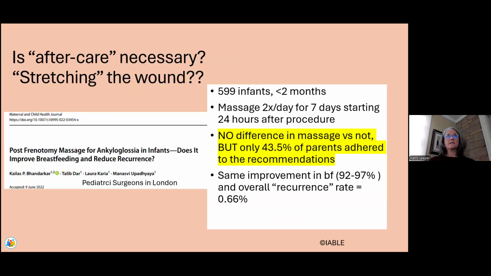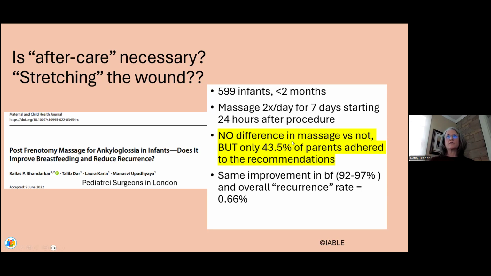Big controversy about, is it necessary to stretch the wound after the procedure so it doesn't scar back down? This was a group of ENT or pediatric surgeons in London, 600 babies less than 2 months. They massaged 2 times a day for 7 days, started 24 hours after the procedure, and divided the babies in half.